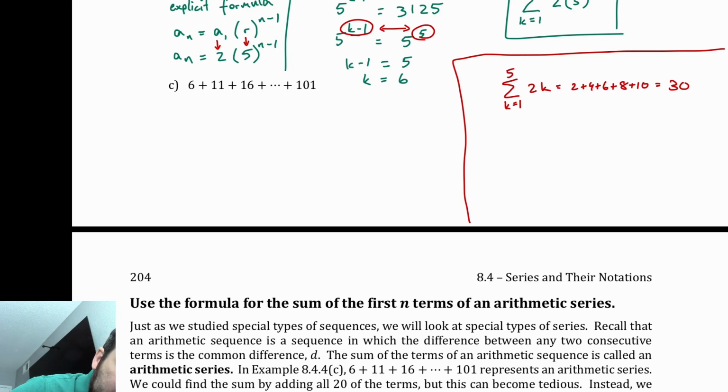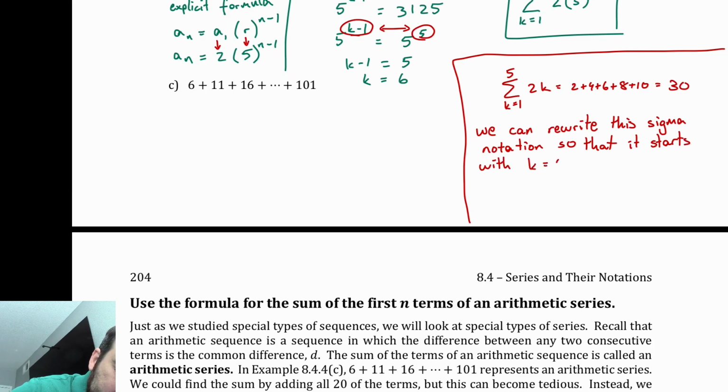So we can rewrite this sigma notation so that it starts with k equals, let's say, 0.